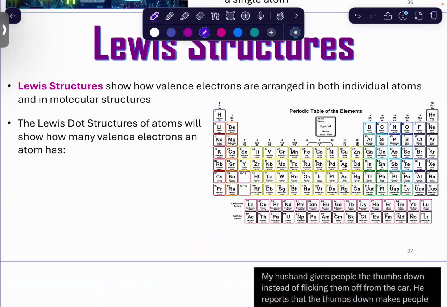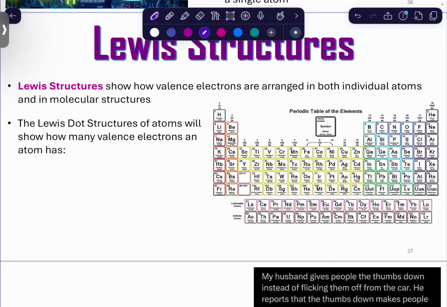Okay, Lewis structures. Lewis structures are simple dot structures that place valence electrons in their proper positions. We have them for both atoms and molecules. When we're talking about Lewis structures representing valence electrons, we can start by looking at the electron configuration of an atom.